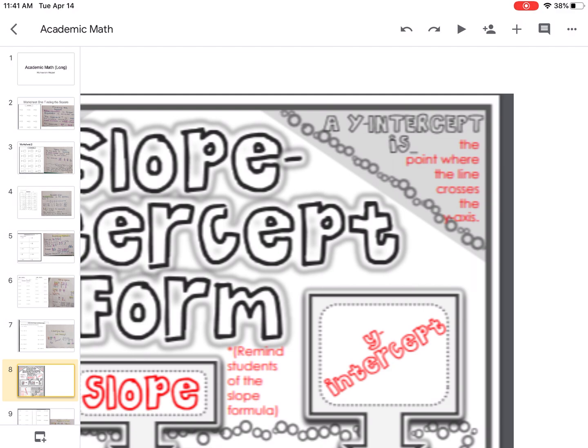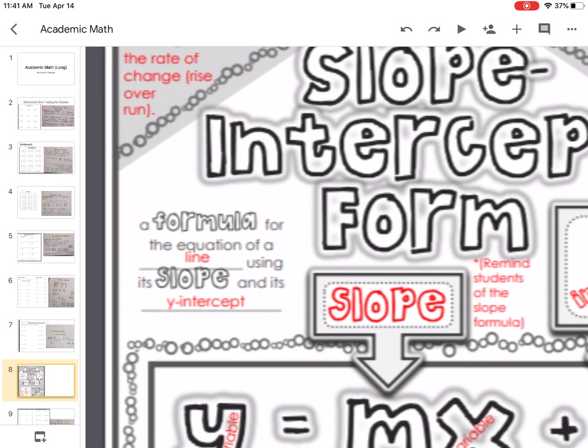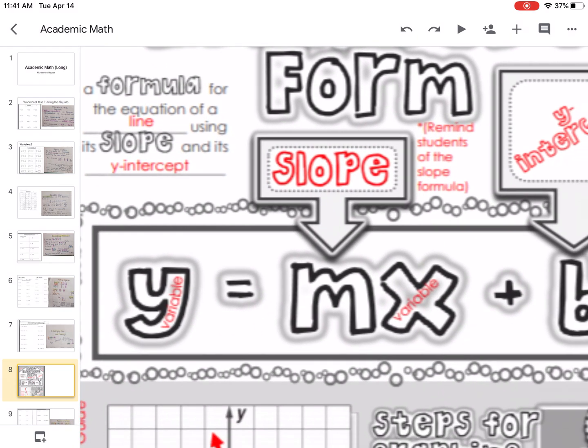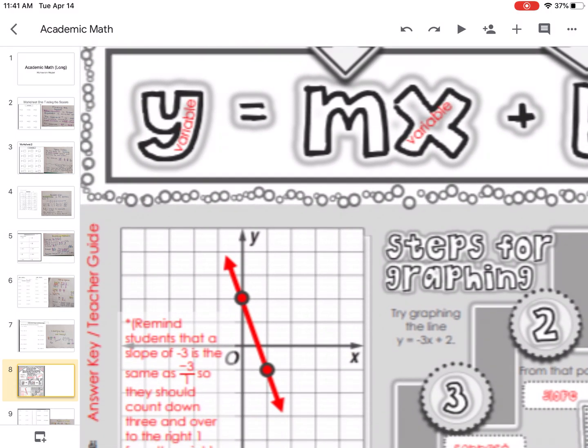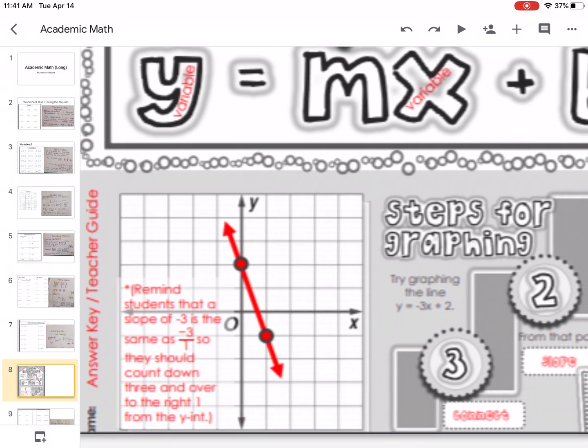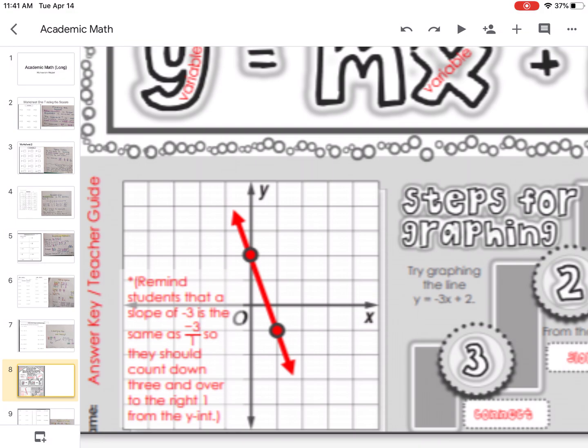And we'll review x and y, okay? So you know y is going up and down and x is going across. But we'll look at that in a minute. Okay, so here's an example. If you look at this graph, you can see the y at the top.